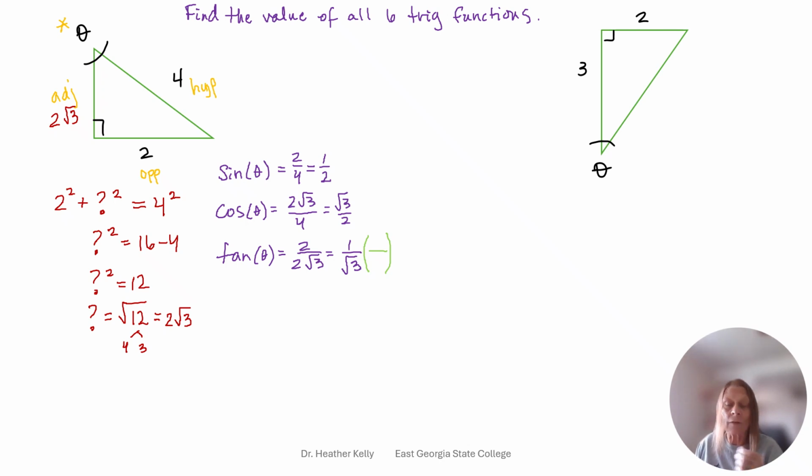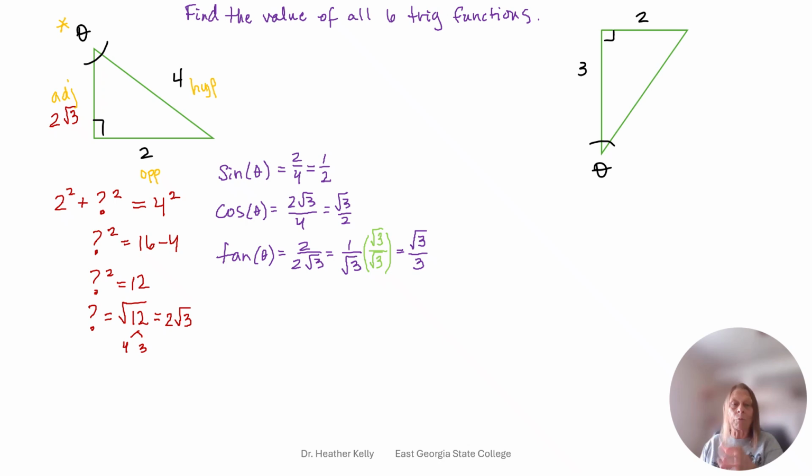But what gets rid of a square root of 3 is multiplying it by another square root of 3, because the square root of 3 times the square root of 3 is equal to 3. So that's what we're going to do, and we're going to use that trick of 1. So we're going to multiply it by the square root of 3 over the square root of 3. Hopefully this is very much stuff that you already know. Okay, this gives us the square root of 3 over 3, and that is that number simplified.